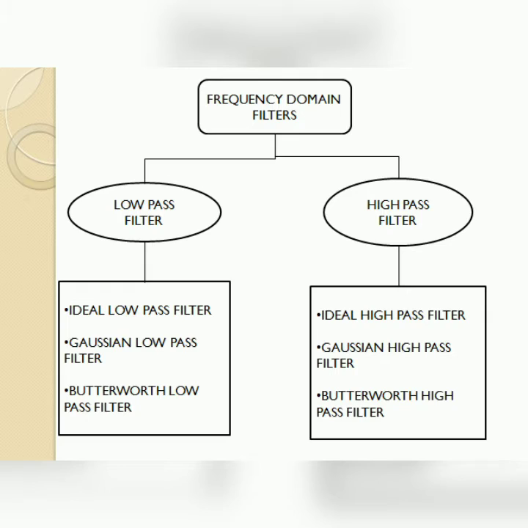The Butterworth low pass filter is a type of signal processing filter designed to have as flat a frequency response as possible in the passband. The main advantage of a Gaussian low pass filter over a Butterworth low pass filter is that we are assured there will be no ringing, no matter what filter order we choose to work with.